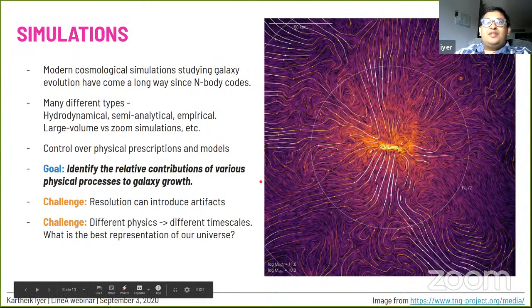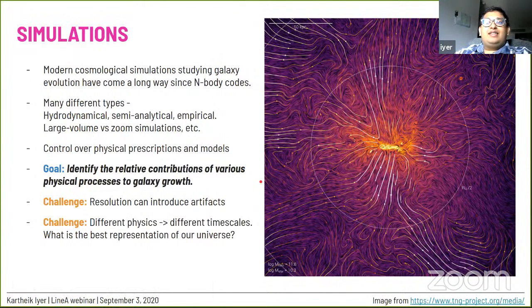So modern cosmological simulations that simulate galaxies and how they evolve have come a long way since n-body codes that used to be used to try to figure out why galaxies are forming disks and things like that. These days they are extremely large in scope. They're usually run on supercomputers, and they take many months to years to run.